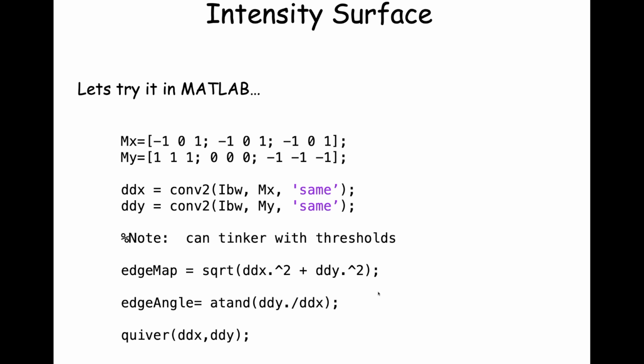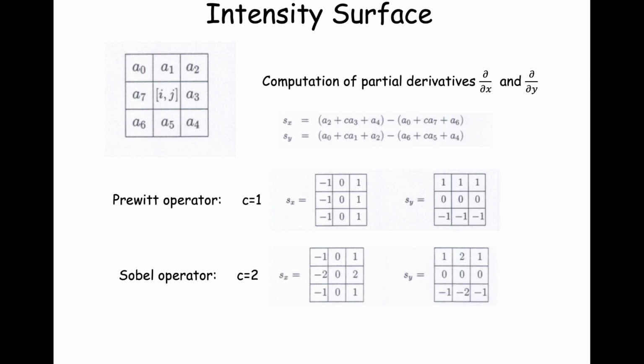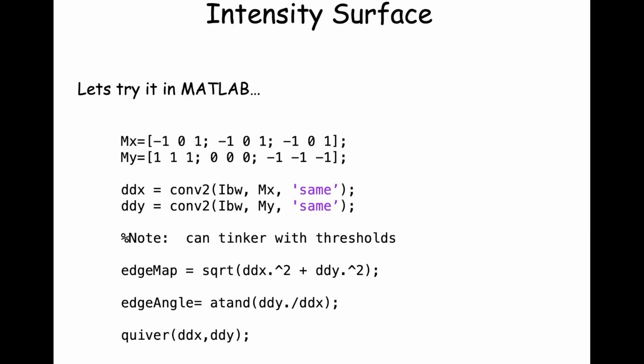And so here we have our convolution mask, and the first, Mx, is our Prewitt operator with respect to x. So we have the first row of the 3x3 convolution matrix, second row, and third row. And then this is your mask for the scan line in the y direction.